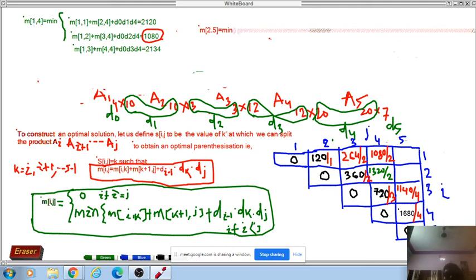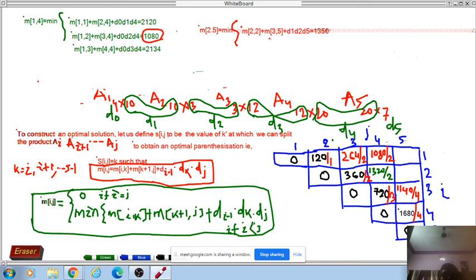Very nice. Tell me, that is m of 2 2 plus m of 3 5 plus d1 d2 d5. That value will come out to something around 3.